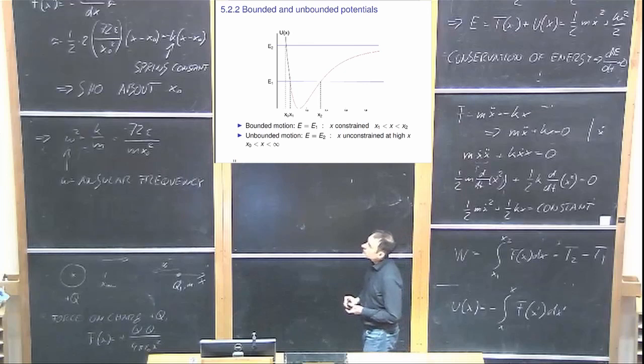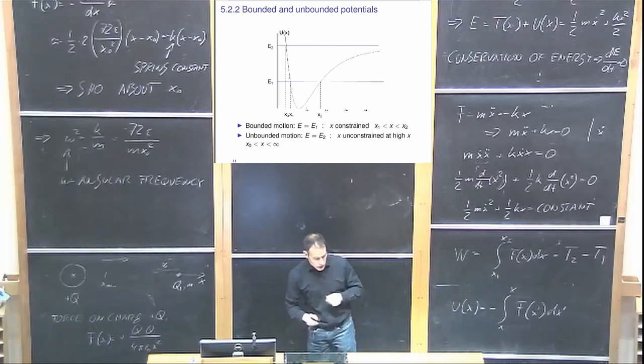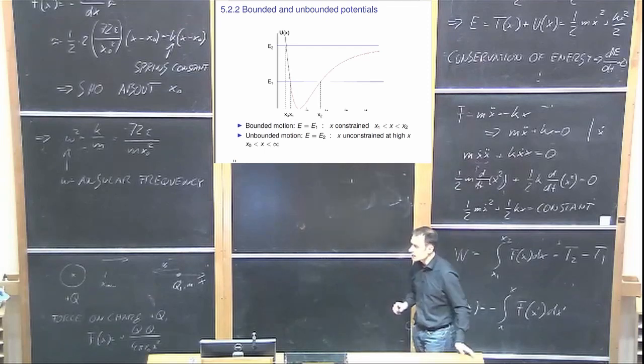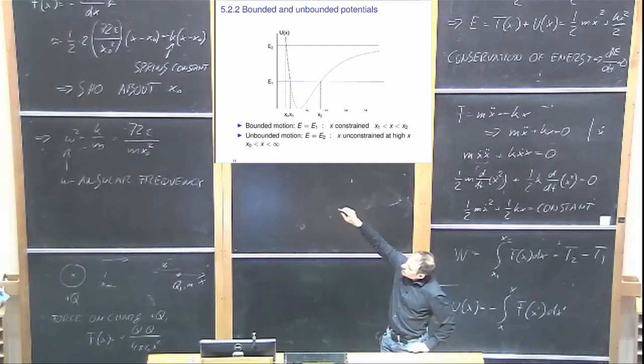Now, here we have to differentiate again between two cases, bounded and unbounded potentials. For E1, we know whatever we do to this particle, it will move left and right, but it will stay bound within this potential well. The position of x is constrained between x1 and x2, because there the maximum potential energy is this one, and then it would go back and forth between those two extrema.